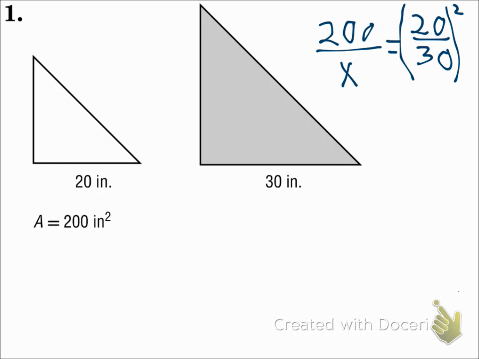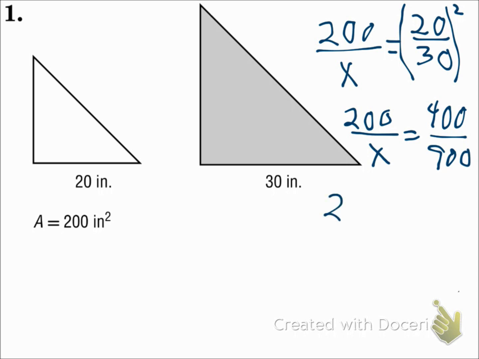Make sure your fractions are organized. The first fraction is left over right, so the second fraction is left over right. Area over area equals side over side, and remember to square the fraction with sides. 200 over x equals 400 over 900.